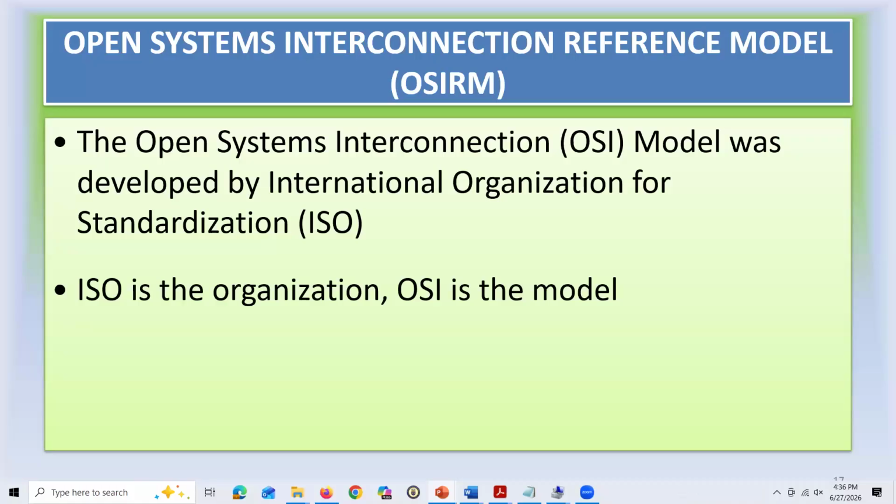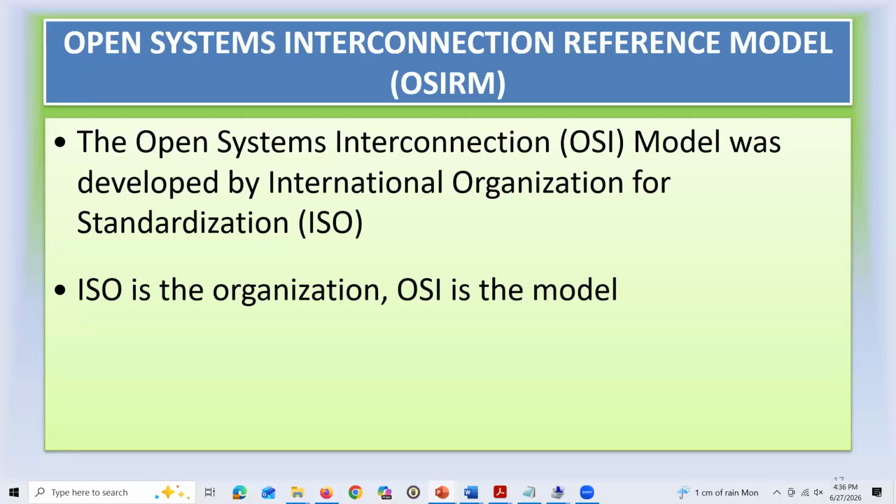Please don't go and mention it as International Standard Organization. It is not like that. It is International Organization for Standardization. Are we fine? Yes, sir. Please pay attention to it.